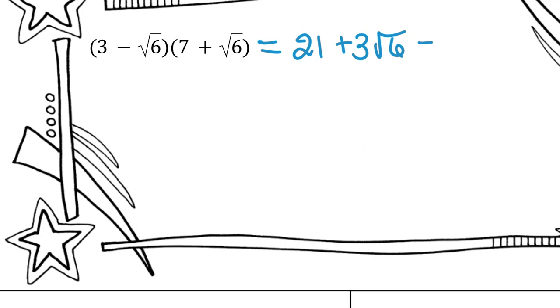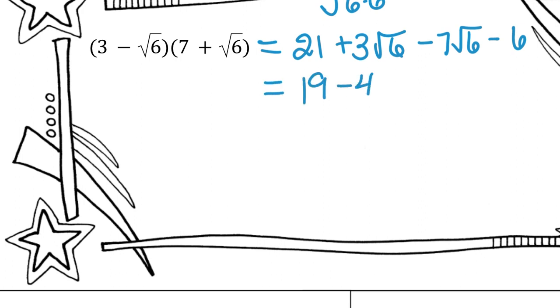Then you multiply negative square root of 6 times 7. Then you multiply negative square root of 6 times square root of 6. That would look like 6 times 6, which would give me negative 6. So then I get 19 minus 4 square root of 6. What is the 19? No, 15. Bad math. Don't do bad math. 15.